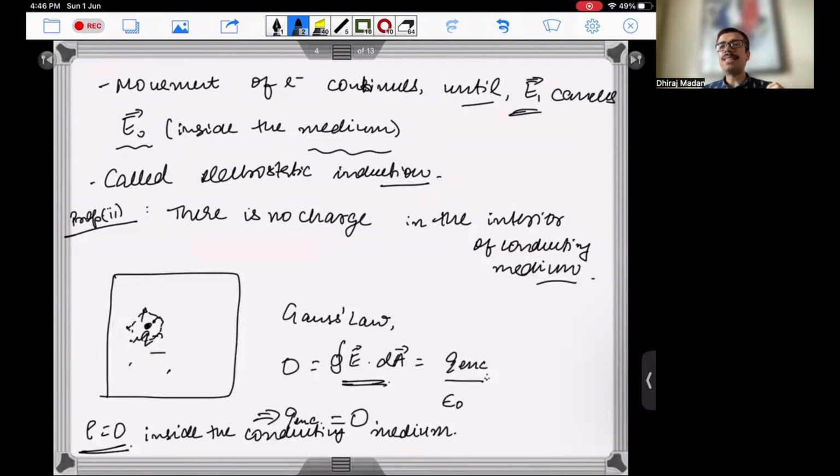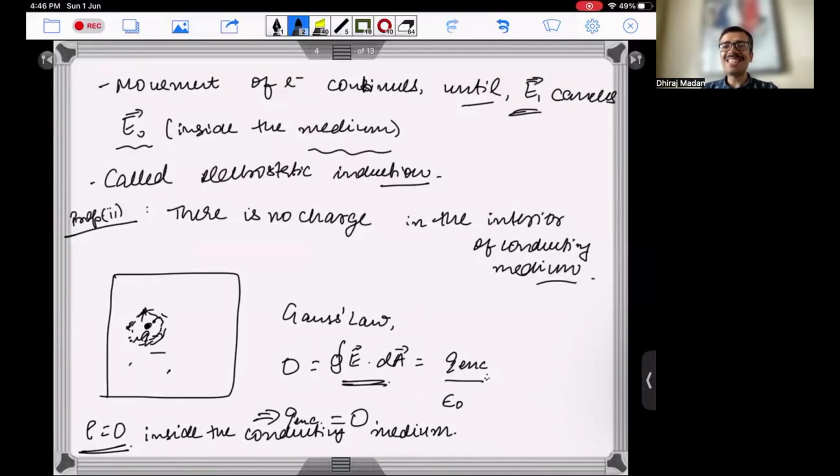The second property is that there is no charge which can exist inside the conducting medium. Why is it so? Because if there is a charge, then you can apply Gauss law around that free charge, right? And if you apply Gauss law, we have just said in the first property that the electric field inside the conducting medium is zero.